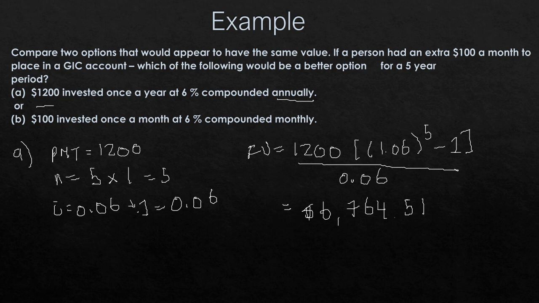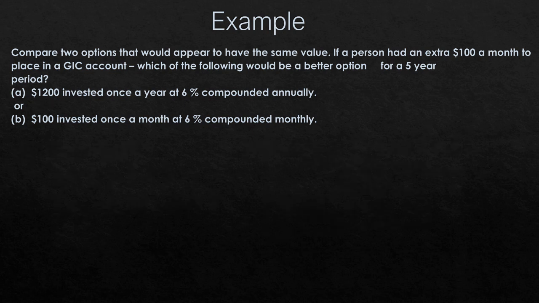So with option A, this is the amount of money that a person would make if they invested $1,200 once a year, annually. So let's erase this and look at option B because I don't have room. My hope was to have room to do both side by side, but it's okay.